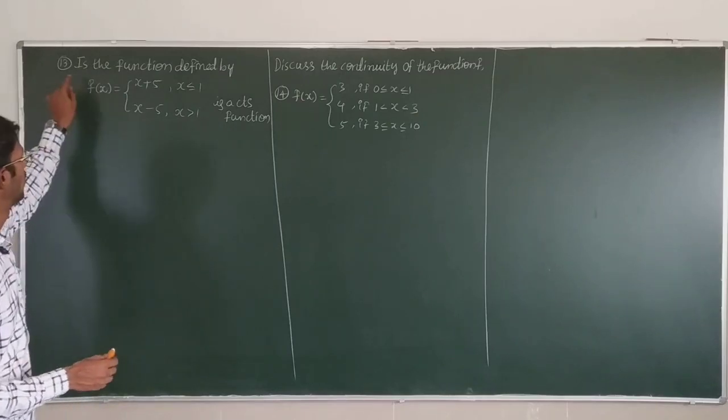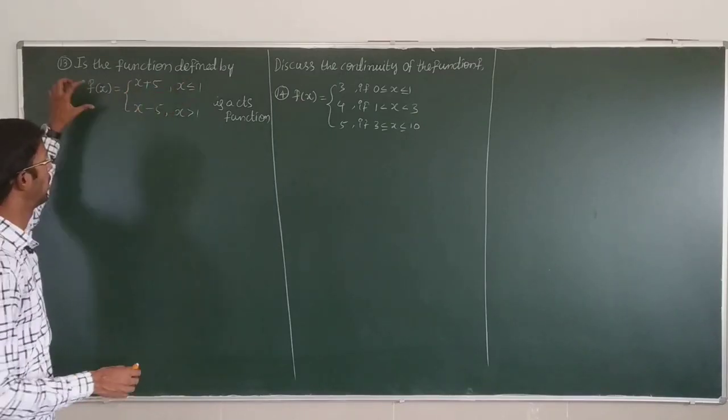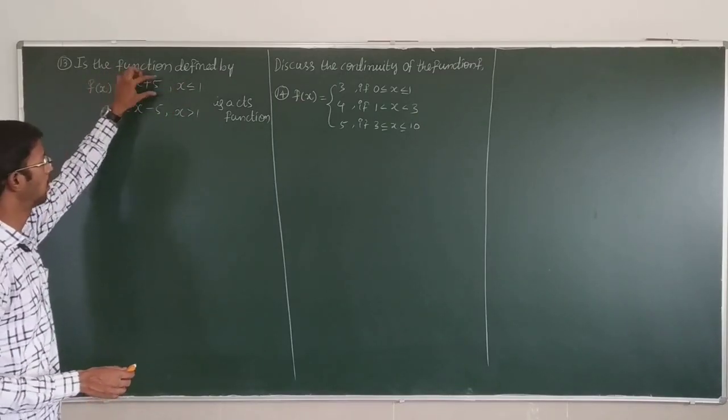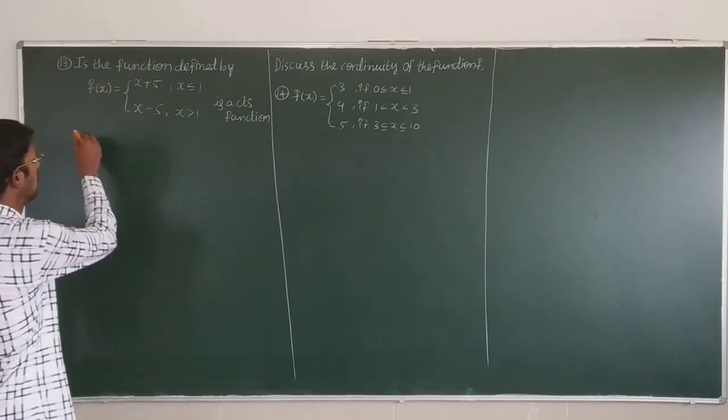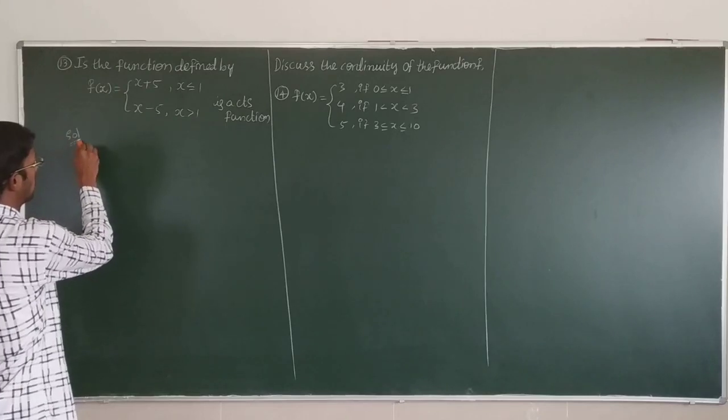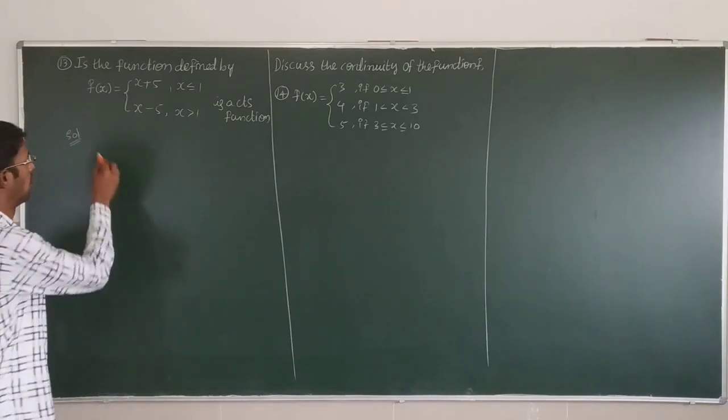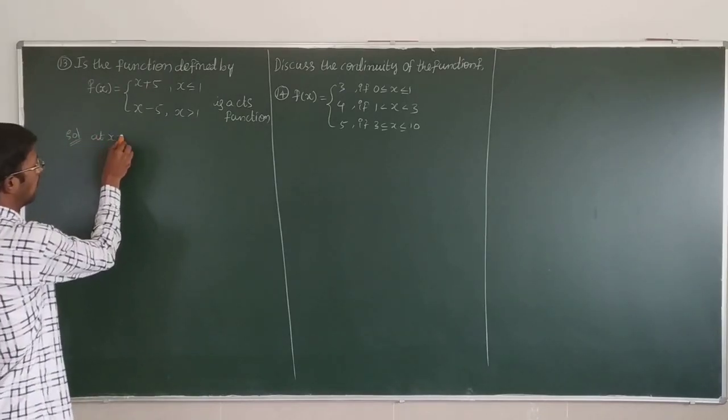Problem number 13. The function defined by f of x is equal to x plus 5 for x less than 1, and x minus 5 for x greater than 1. Is it a continuous function or not, it is asking. For that purpose, we have to check at x is equal to 1.